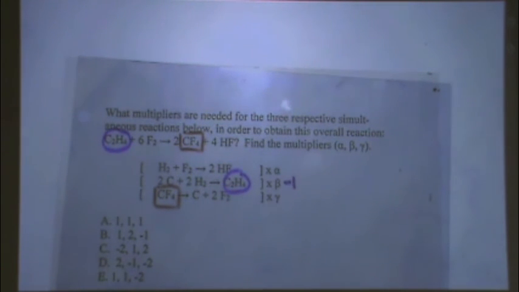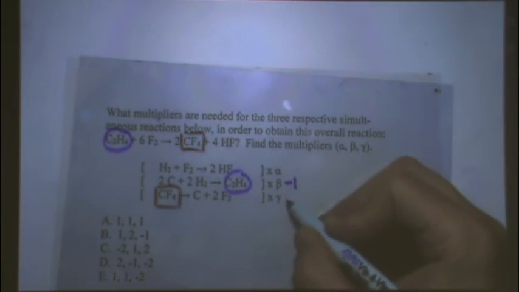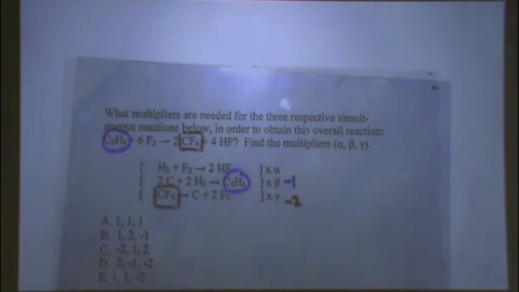I want things that only appear twice. Remember, the top reaction is what I want. I want 2 CF4s, or tetrafluoromethanes, in the products. So what was my gamma multiplier? -2. The negative flips it over to put it in the products, and the 2 matches it with the 2 in the overall reaction. Now I don't need to change this third reaction.